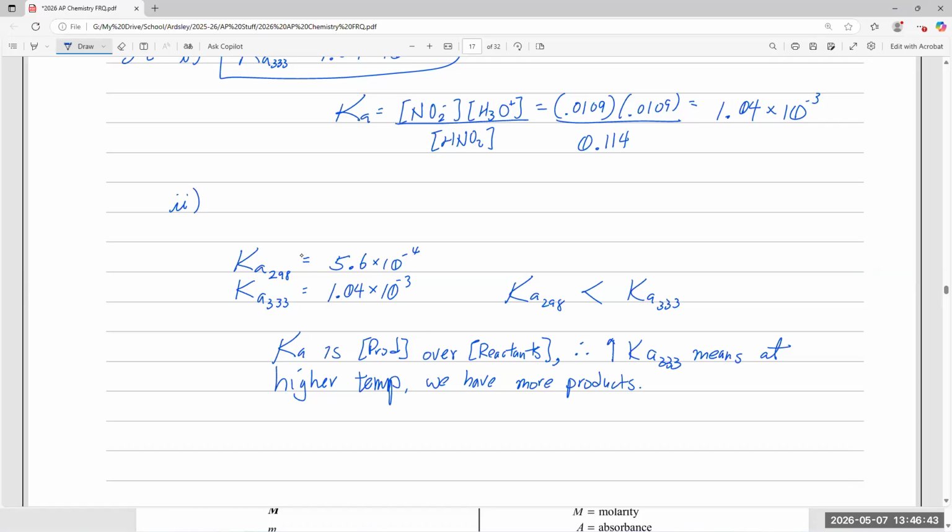So what does that mean? At higher temperature, we have more products, which means that it favors the forward reaction. So if you have higher temperature and it likes the reaction to go forward, that means it's an endothermic reaction. Heat is a reactant, right? So heat must be a reactant.